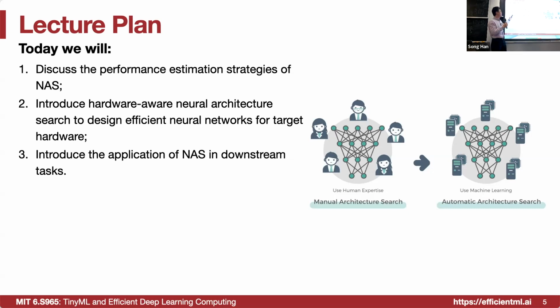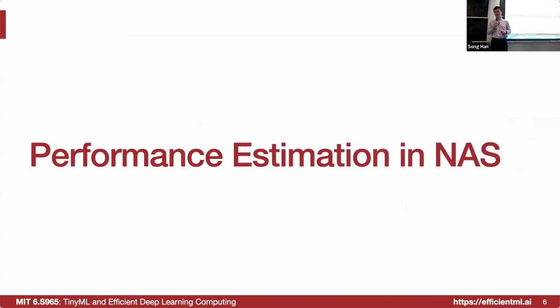And finally, we are going to introduce several applications that we can accelerate by using such neural architecture search techniques. We're going to show several demos and comparisons before and after neural architecture search. So let's start by jumping into the first part, performance estimation.